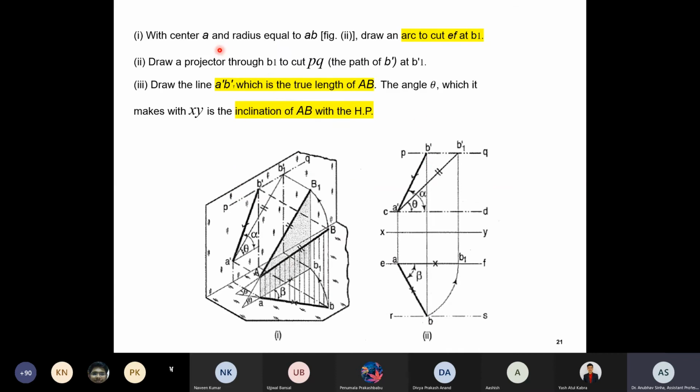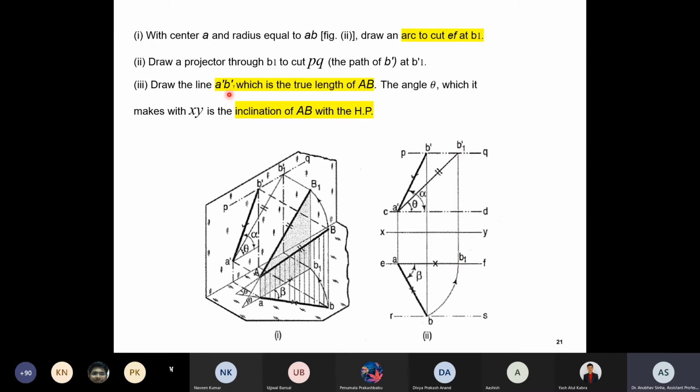Okay. So with center A and radius equal to AB, figure 2. So center A and radius equal to AB. This is what we had. Now make a radius. This length has to be constant. Okay. So EF will be cut at B1, and I will draw projector through B1 to cut PQ at B1 dash. So I will take it straight. I will draw a straight line which is perpendicular to XY and cut it at B1 dash.